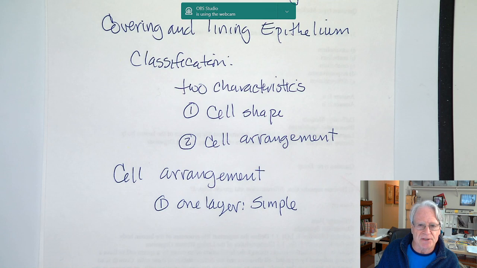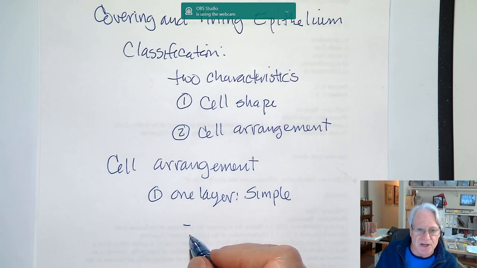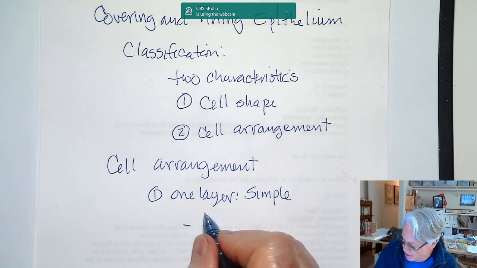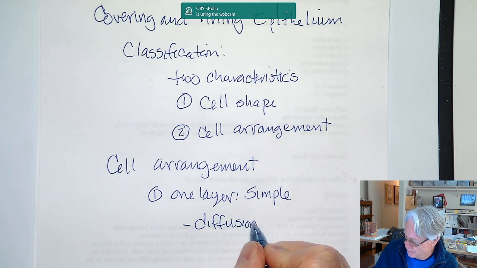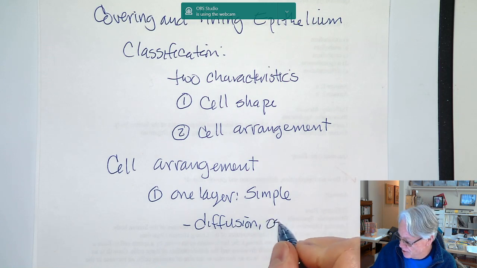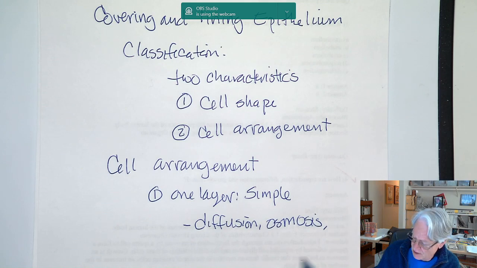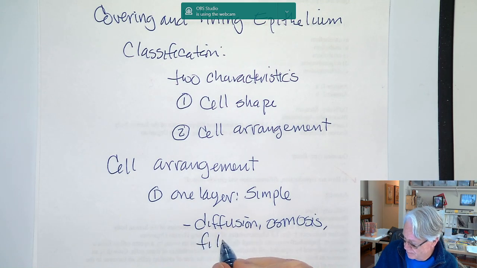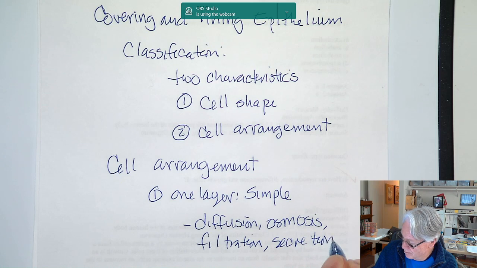One layer of cells, and the kinds of functions that are carried out by a single layer of cells would be diffusion, osmosis, filtration, secretion, and absorption.